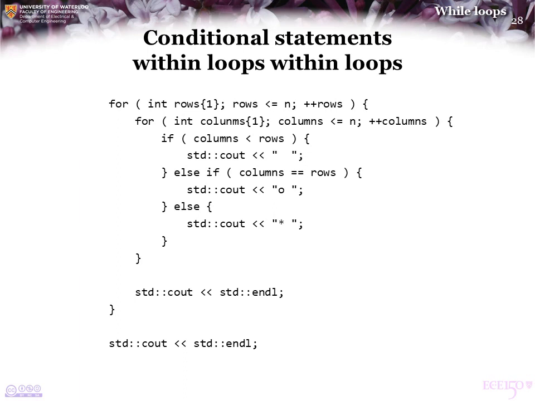And the only other possibility, the alternative, is that we are in the upper triangular component, and therefore we will print an asterisk together with a space. Once again, once we've finished printing the entire row, then we will print an end-of-line character to continue printing the next row of the matrix.